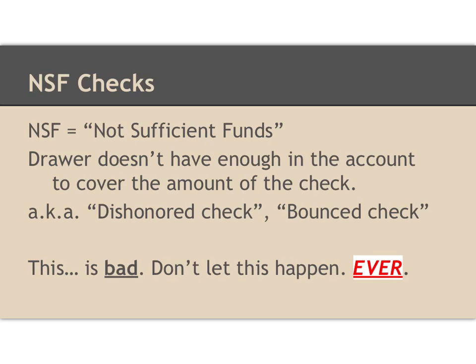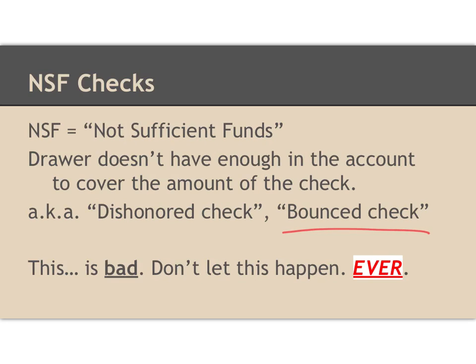Now, you probably haven't heard the term NSF check used other than in this video. These are also referred to commonly as a dishonored check, or even more commonly, as a bounced check.